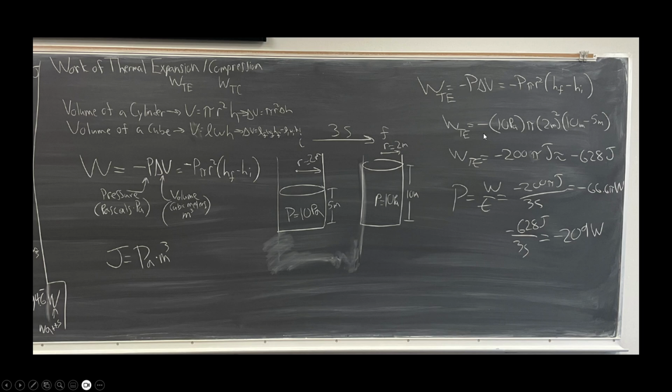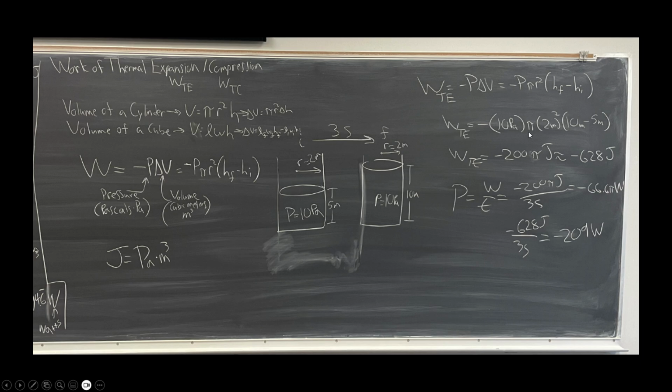That's a common error. So negative 10 pascals times pi times 2 meters squared for r squared times the difference of 10 meters minus 5 meters. Another common error, it's always the final height minus the initial height. I've seen some students always put the larger number first, but sometimes the height actually decreases over time, not increases.